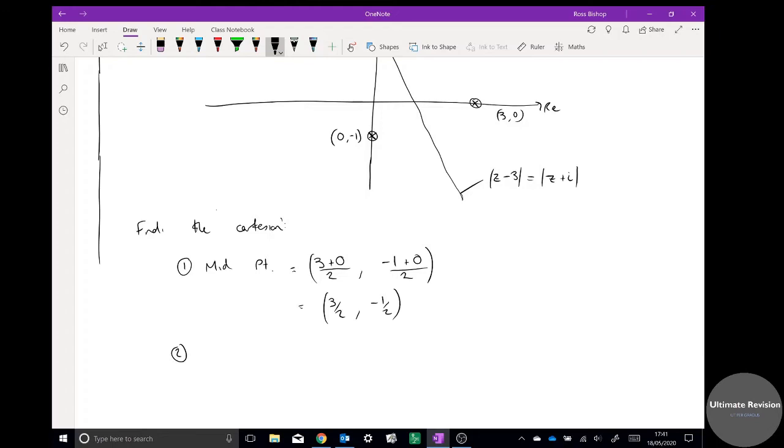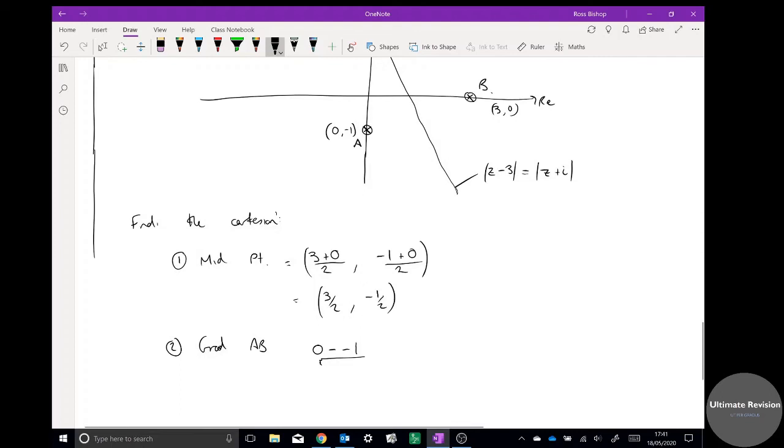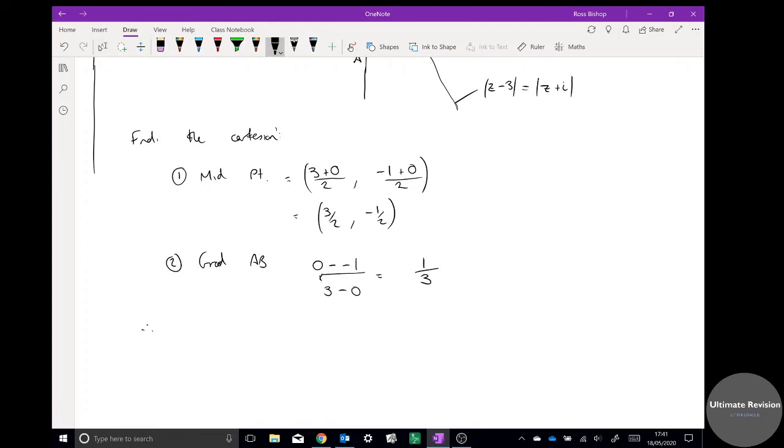Let's get the gradient A to B. I call that A, that B. Gradient AB is going to be change in y, so 0 over 3, 1/3. Therefore, gradient of perpendicular, negative 3.